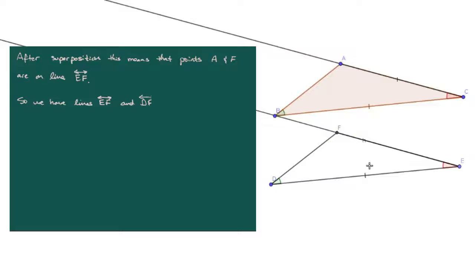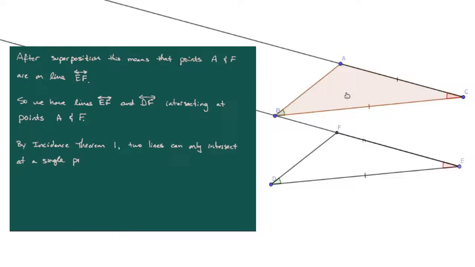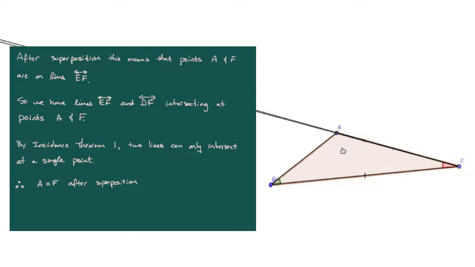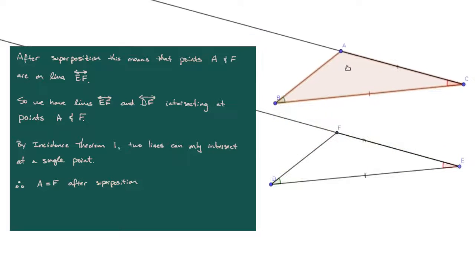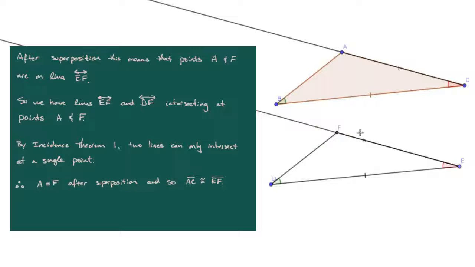Now, our Incidence Theorem 1 says that we have two lines, and those two lines intersect. They're only allowed to intersect at a single point. And so what that means, that after superposition, because we have points A and F on the lines EF and DF, then that really means that exactly what we're seeing here, point A is actually going to coincide with point F. Now, what that means is that our line segment AC is going to be congruent to our line segment EF.